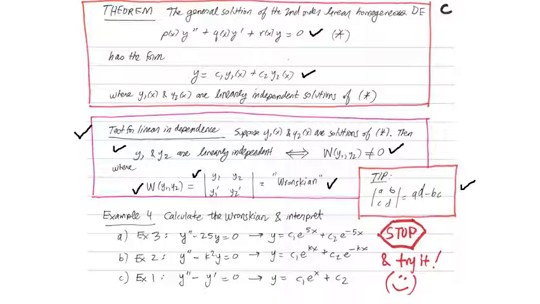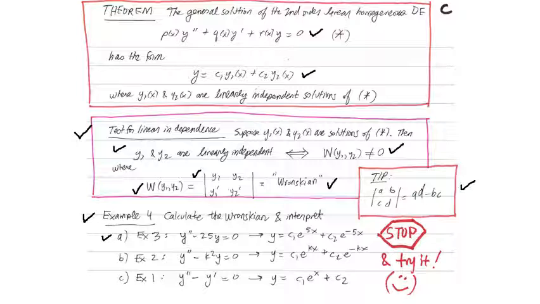So at this point, I would encourage viewers of this video to try creating the Wronskian and calculating the Wronskian, and then think about what it means for each of the three examples that we watched in the previous video.